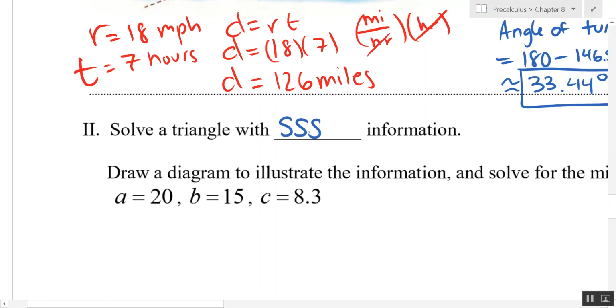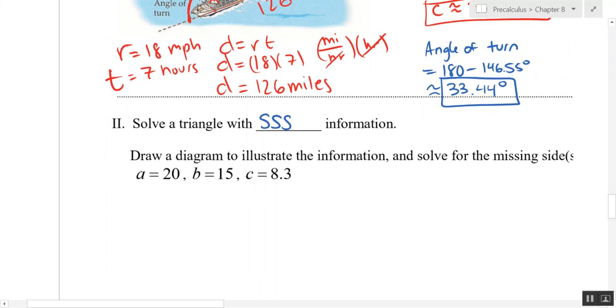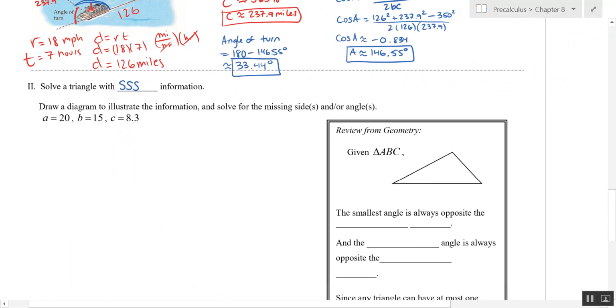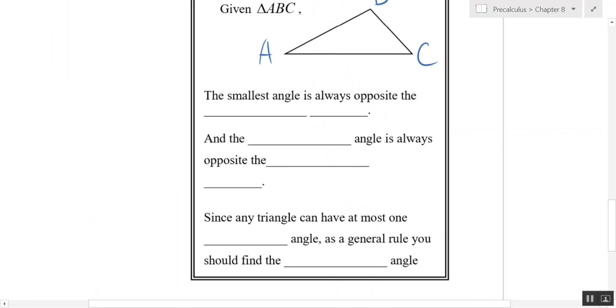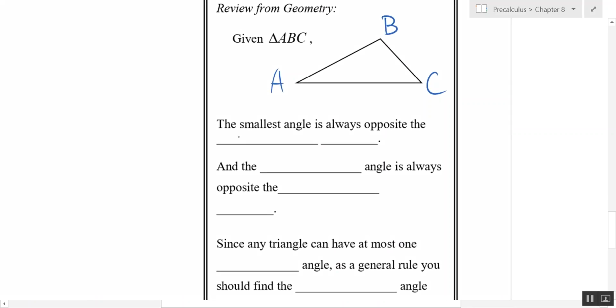Now, when we're doing side, side, side, it's important to think about a little bit of geometry. Given triangle ABC, and we can go ahead and label triangle ABC, the smallest angle is always going to be opposite the smallest side.